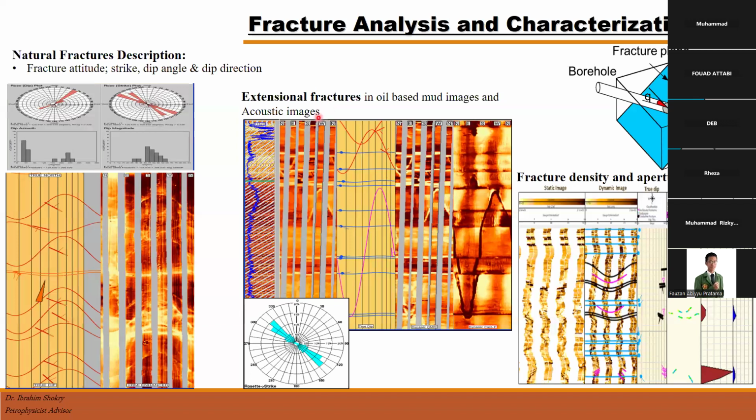Also, by using borehole imaging integrated with another tool, such as acoustic tools, we can classify our fractures, either open fractures or resistive fractures, for example.